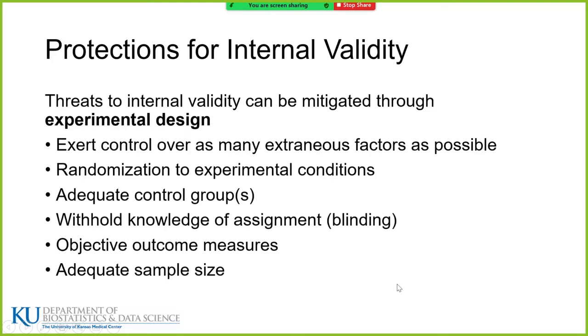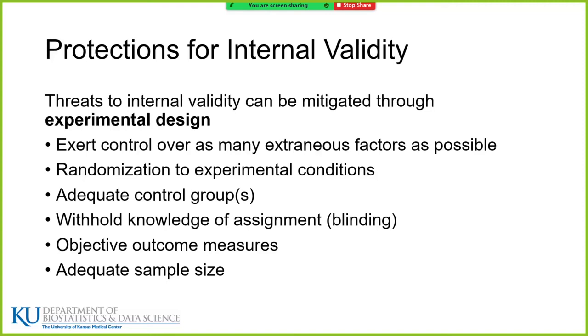So back to experimental design, this process of designing a study. Many of the threats to internal validity can be mitigated through proper study design. We do that by trying to exert control over as many of those extraneous factors as possible. What do I mean by extraneous factors? I mean not the conditions of interest, not the treatments that are being applied.